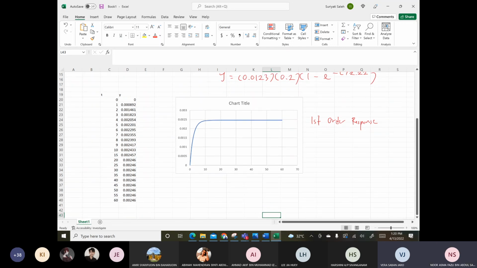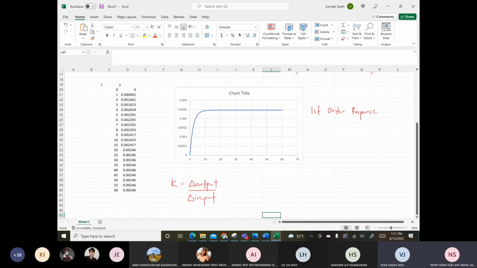Just for refresh, normally the K can be calculated using the following formula. K equal to delta output, the difference between the output, divided by delta input. So this is the formula of obtaining the value of the K from the graph.